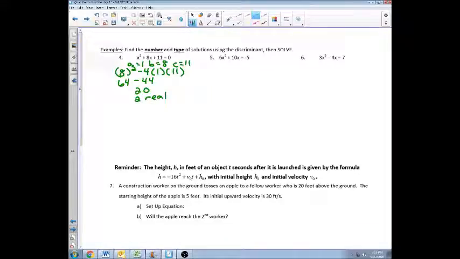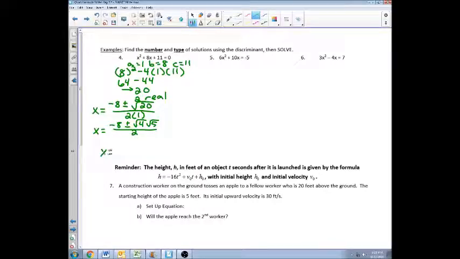Remember that my discriminant, which is the 20, will be what is underneath my square root in my quadratic formula. So x would equal, in my quadratic formula, x equals the opposite of b, so it would be negative 8 plus or minus the square root. Remember, everything under the square root is your discriminant, so I'm going to plug that in, over 2 times a, which is 1. I'm going to start simplifying, so negative 8 plus or minus the square root of 4 times the square root of 5 over 2.